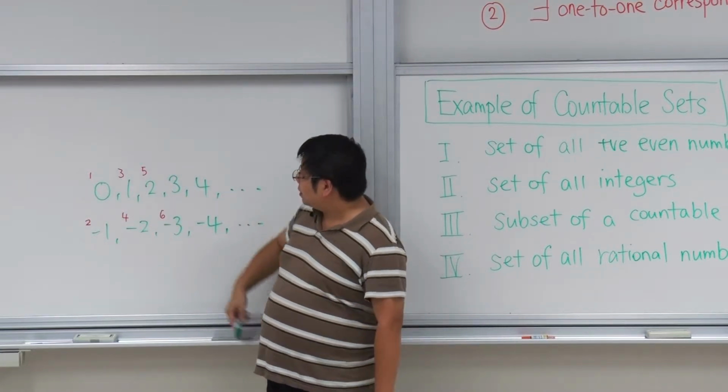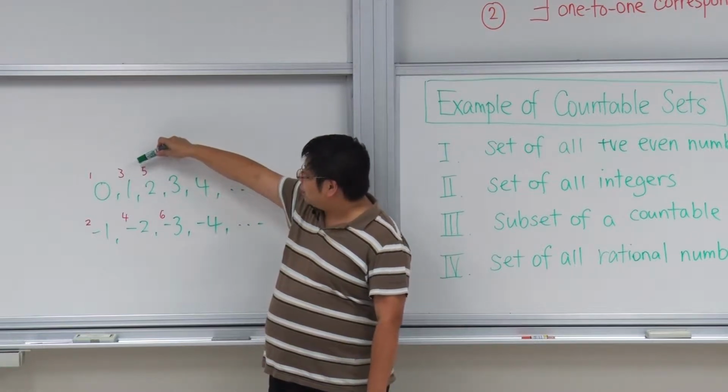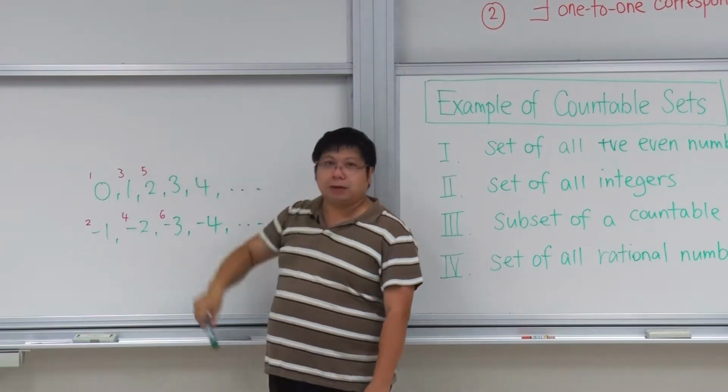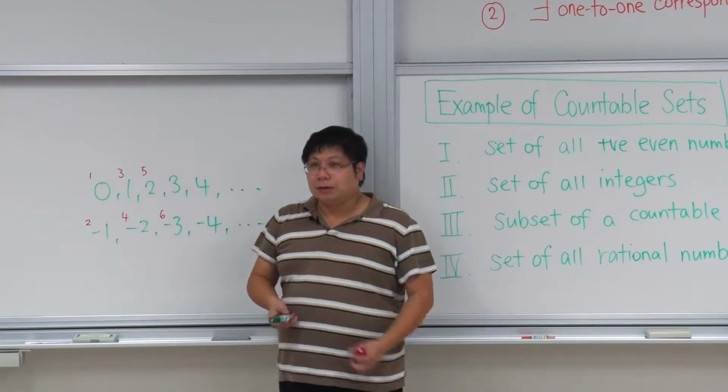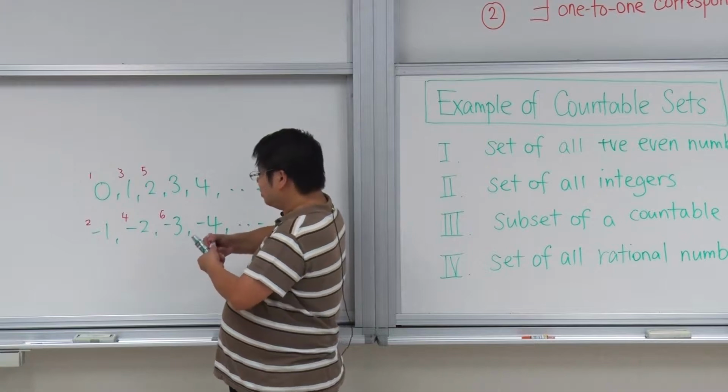So for instance, if it is odd, then it is going to be positive. If it is even, then it is negative. It is so strange.